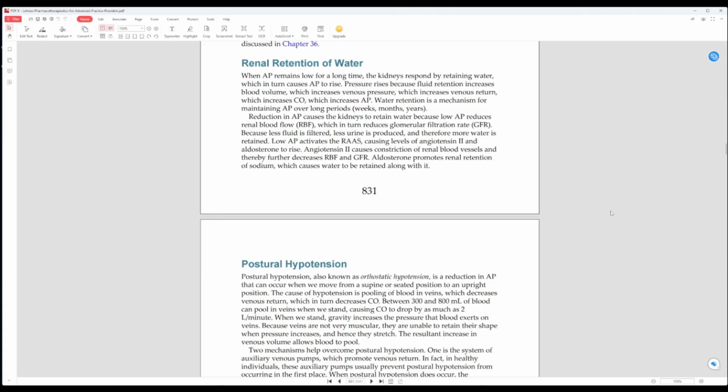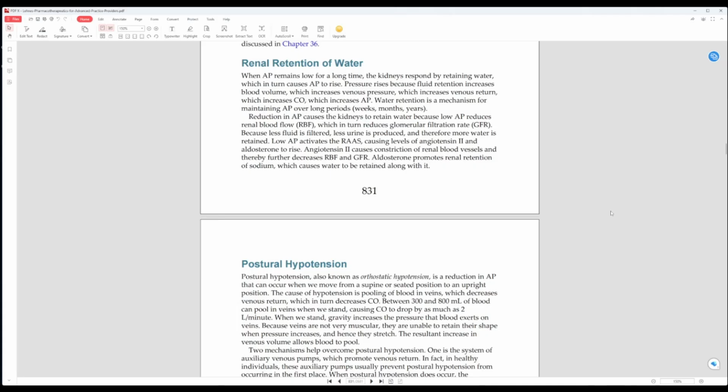The reduction of arterial pressure causes the kidneys to retain water because low arterial pressure reduces renal blood flow, which in turn reduces glomerular filtration rate. Because less fluid is filtered, less urine is produced, and therefore more water is retained. A low arterial pressure activates the renin-angiotensin-aldosterone system, causing levels of angiotensin II and aldosterone to rise.